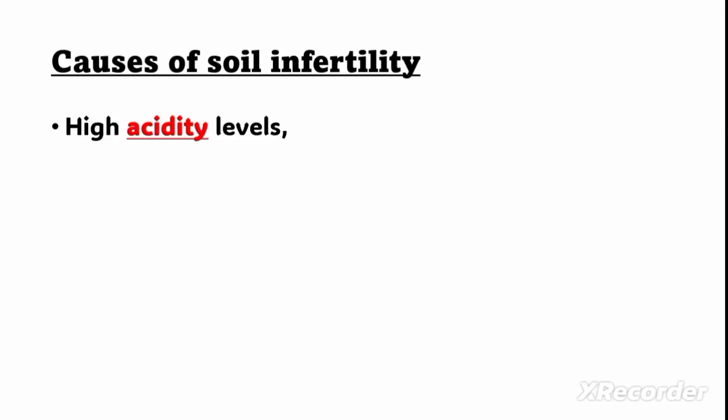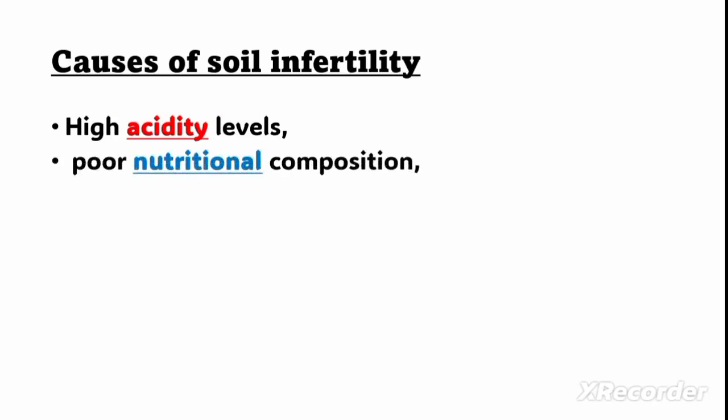So if there is too much acid within the soil, these organisms will be killed. These organisms play a pivotal role in the process of decomposition, helping organic matter to decay so that fertilizer can be added to the soil.